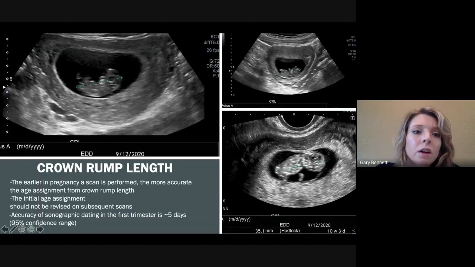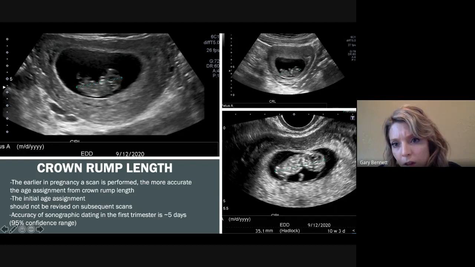Let's look over here. We can see right in here, these again are just those vessels. When you're scanning, sometimes you can see some turbulence within the vessels themselves, just that blood slowly swirling through. That can help you determine the difference between vessels and a subchorionic hemorrhage.